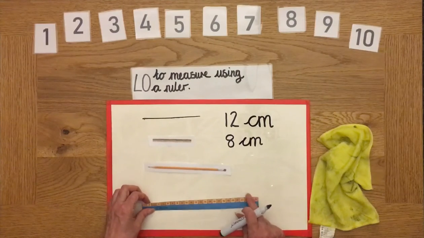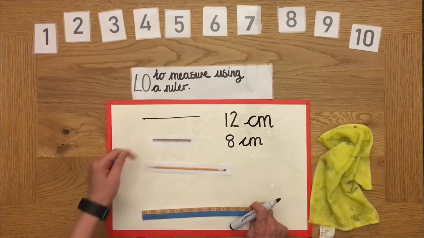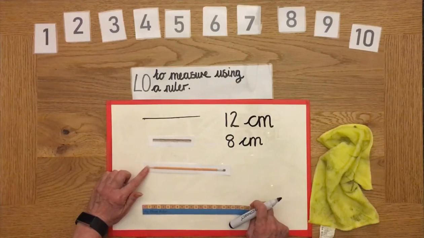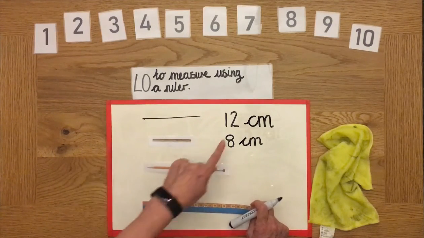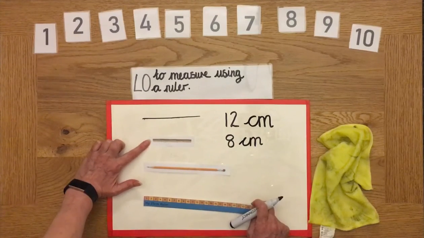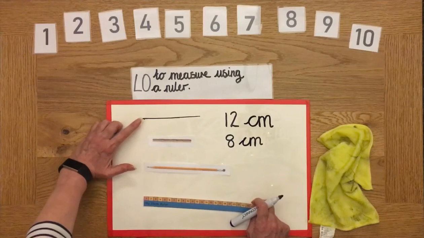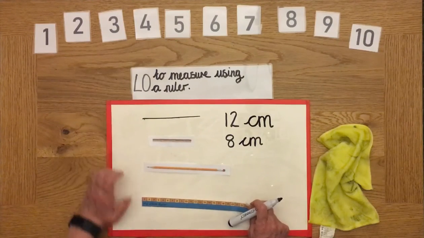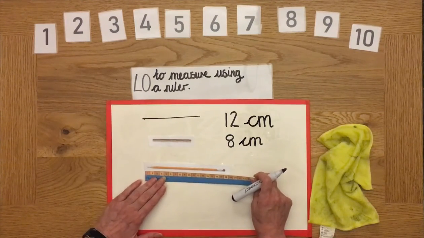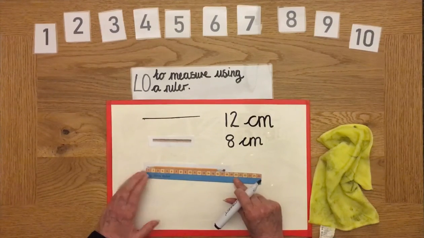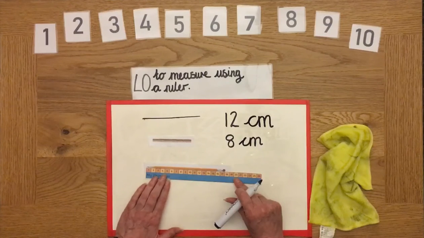I've got a pencil. Which is longer, do you think? Do you think the pencil is going to be more numbers, a higher number than the rope, or a lower number than the line? Let's see. Let's measure it up. Starting right at the beginning of the pencil, right where the lead is.